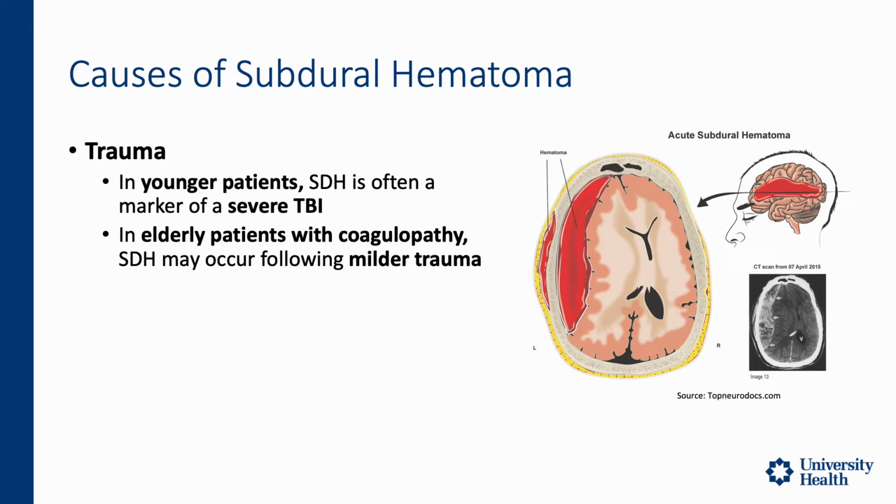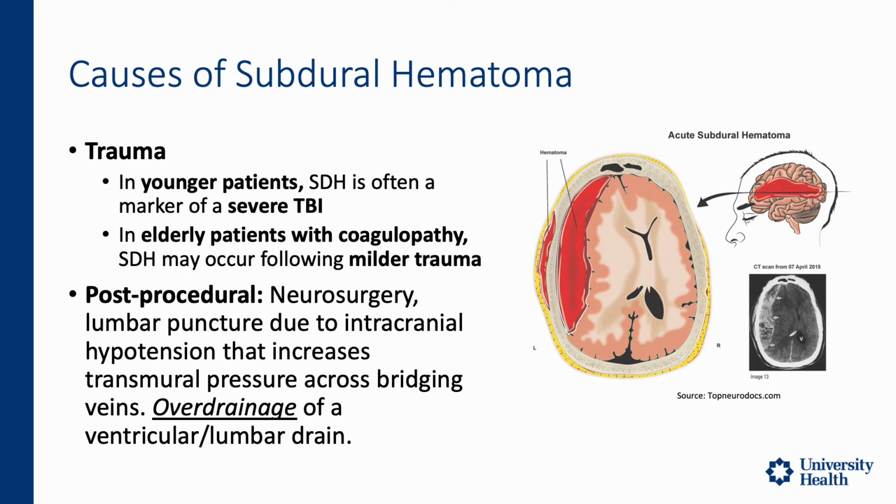And these long connecting fibers, your axons, get sheared and torn apart. And this happens whenever the brain is injured. So as it shifts and rotates inside the bony skull with a car accident or any type of trauma, you can cause damage to these axons, and then you're at risk for subdural hematomas.